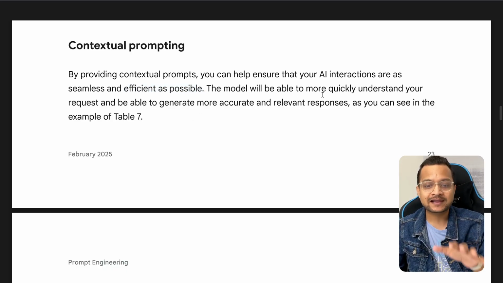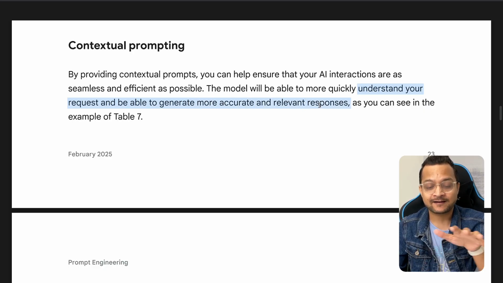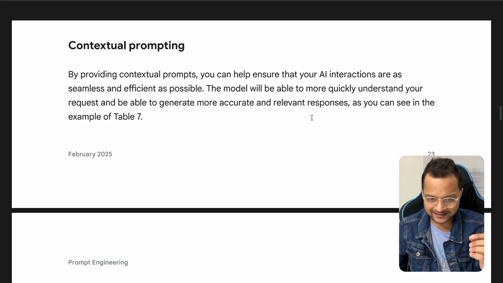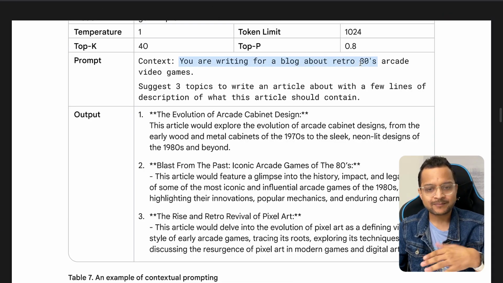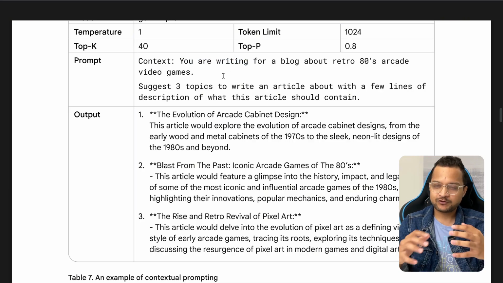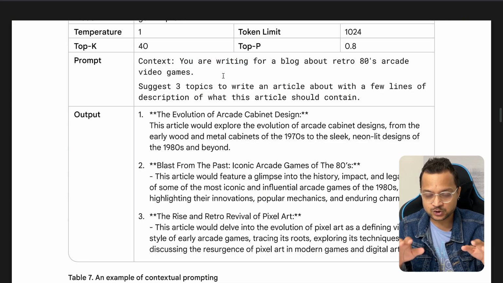The model will be able to quickly understand your request and generate more accurate and relevant responses. For example, here they are saying that you are writing a blog about retro 80s arcade video games. So we are actually giving the context of what we need to do.